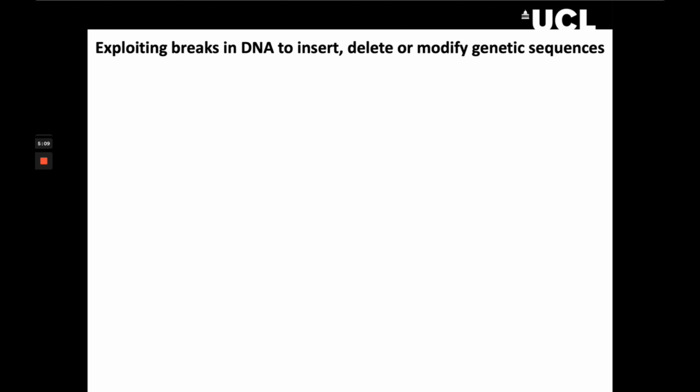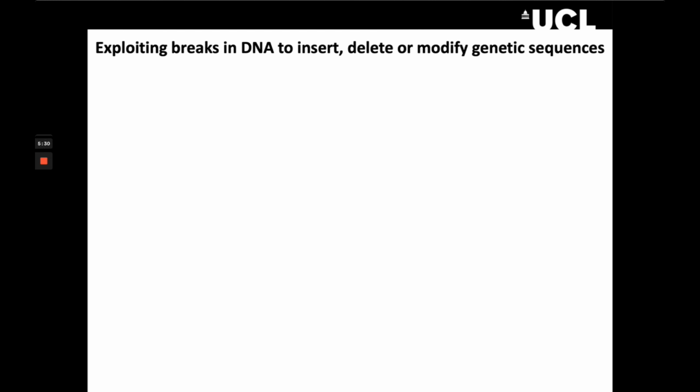So, targeting and cutting with CRISPR-Cas means that you can introduce a break in DNA at a specific location and exploit this break to insert, delete, or modify genetic sequences. And that is the fundamental principle of gene editing, a DNA break followed by some form of correction.